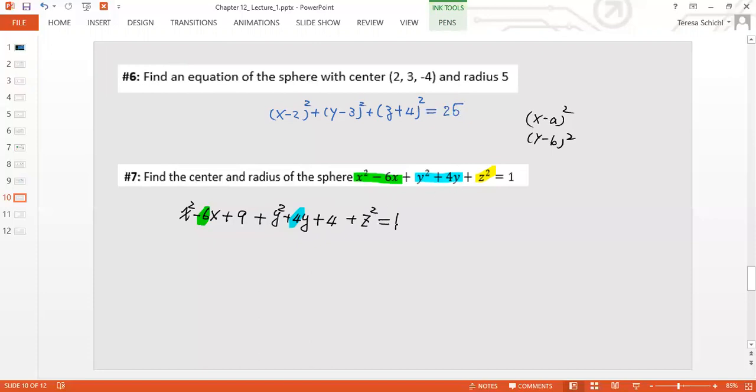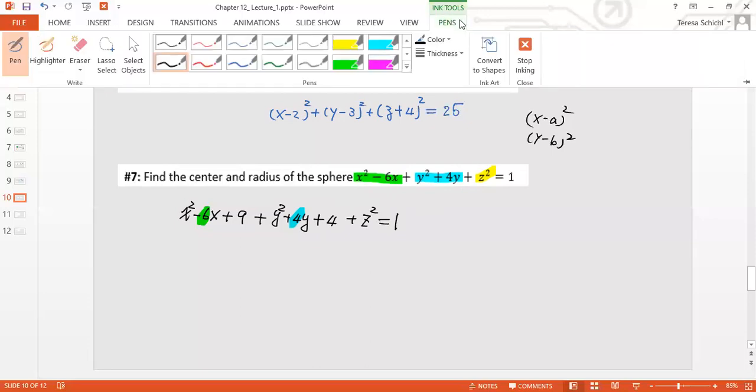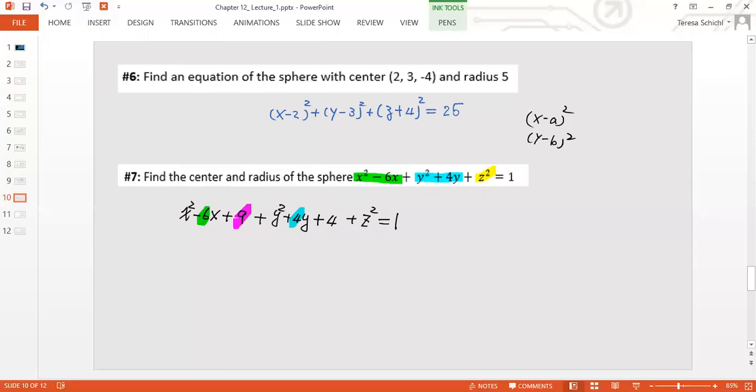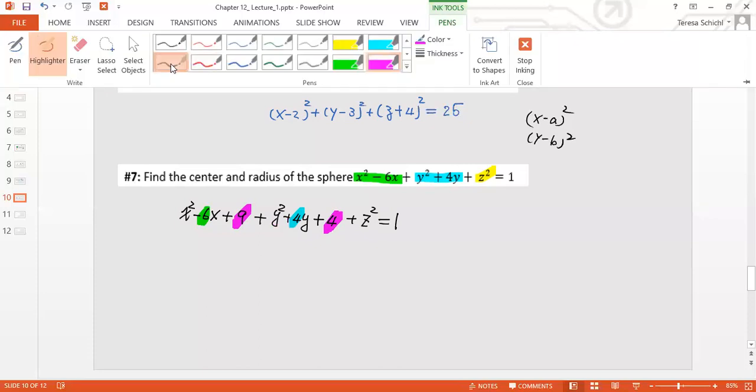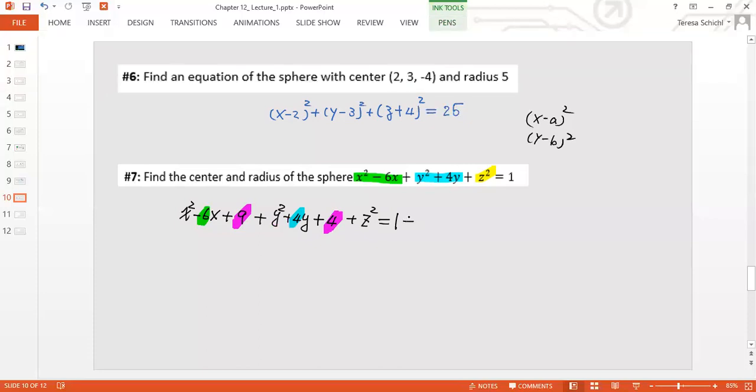But be careful here, because I added 9 and added 4. Can I just add 9 and 4? No, I need to add back: if you add on the left-hand side, then I need to add on the right-hand side.